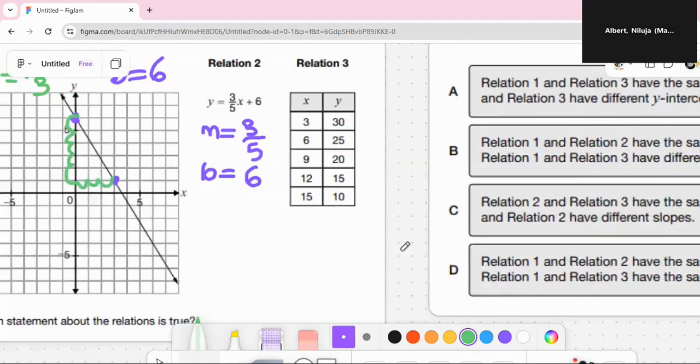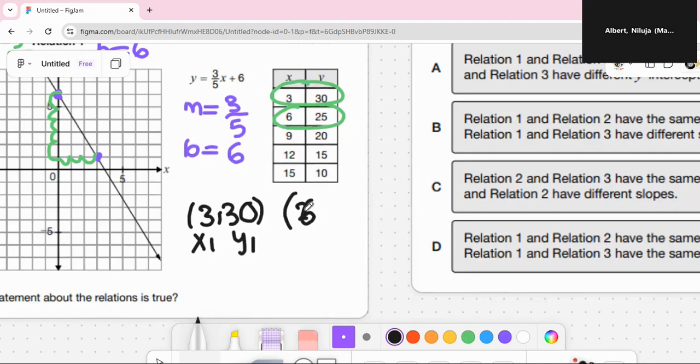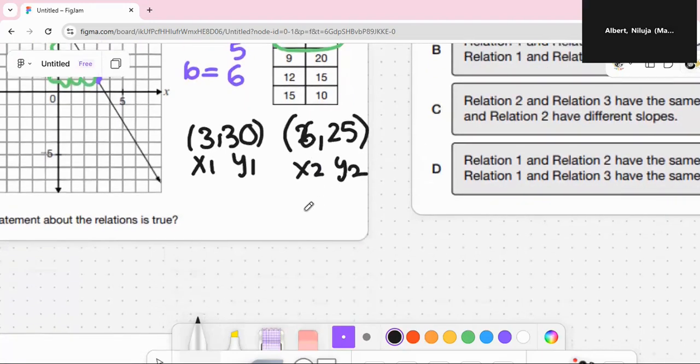For relationship 3, I can calculate the slope. I can clearly see that there is no y-intercept here because I don't have a value of x equal to 0. But if I take my first point and my second point in the table of values, and I want to label my first point 3, 0 as x1, y1, and my second point 6, 2, 5 as x2, y2, and I want to substitute that in my slope formula.